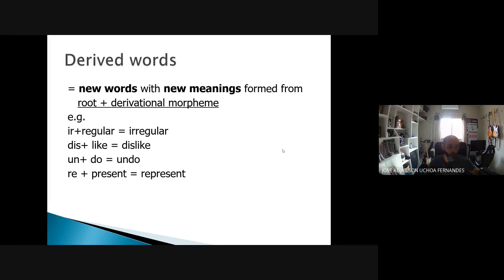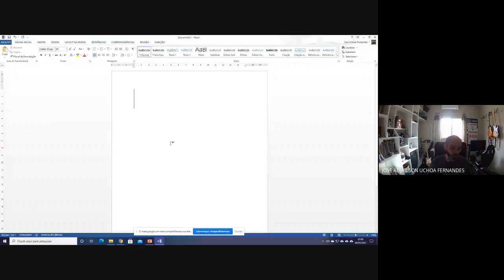Let me open the word processor to show you some other derivational suffixes. Just a moment. I'll open the word here. And share another window. Right, so let's take the case, for example, of the suffix er.